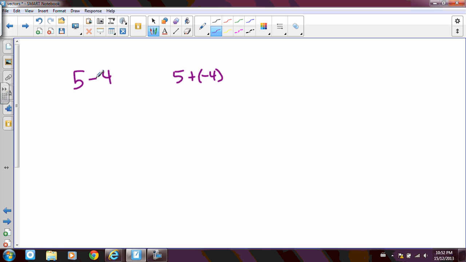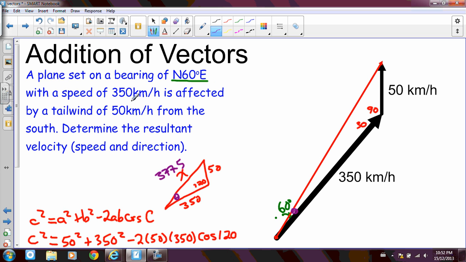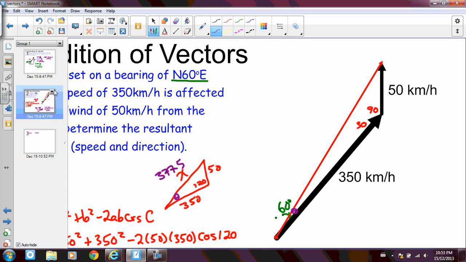I'm doing the opposite mathematical operation to the opposite number, and I get the same result. The same is going to be true for subtracting vectors. Essentially, instead of adding the existing vector, we get the opposite vector and add it instead. So if it said subtract the 50, for example, we would have to add the essentially negative 50.